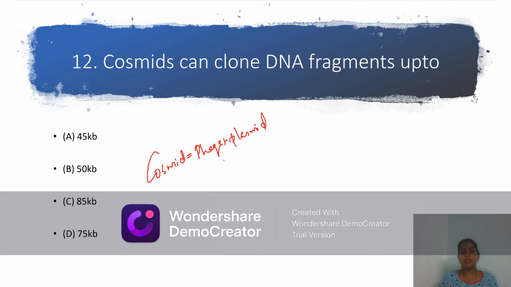It's a hybrid vector. Phage plus plasmid, that is 25 kb. If the phage is taking 25 kb, 20 kb is the capacity of the plasmid. So how much can a cosmid carry? 45 kb, right? So what's the answer here? Option A, right?